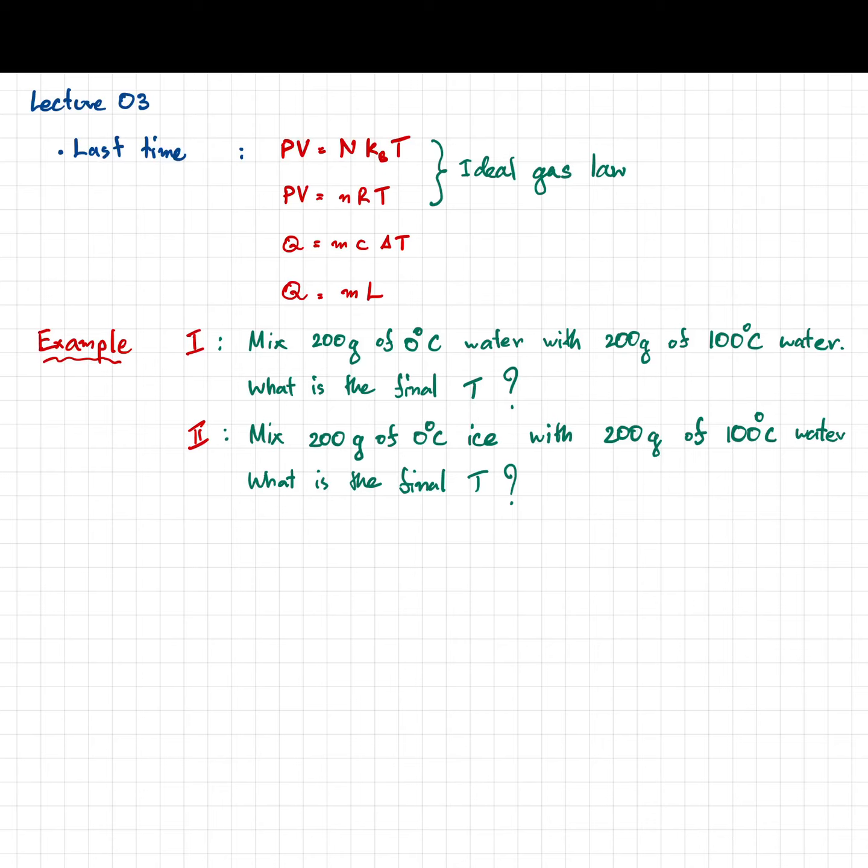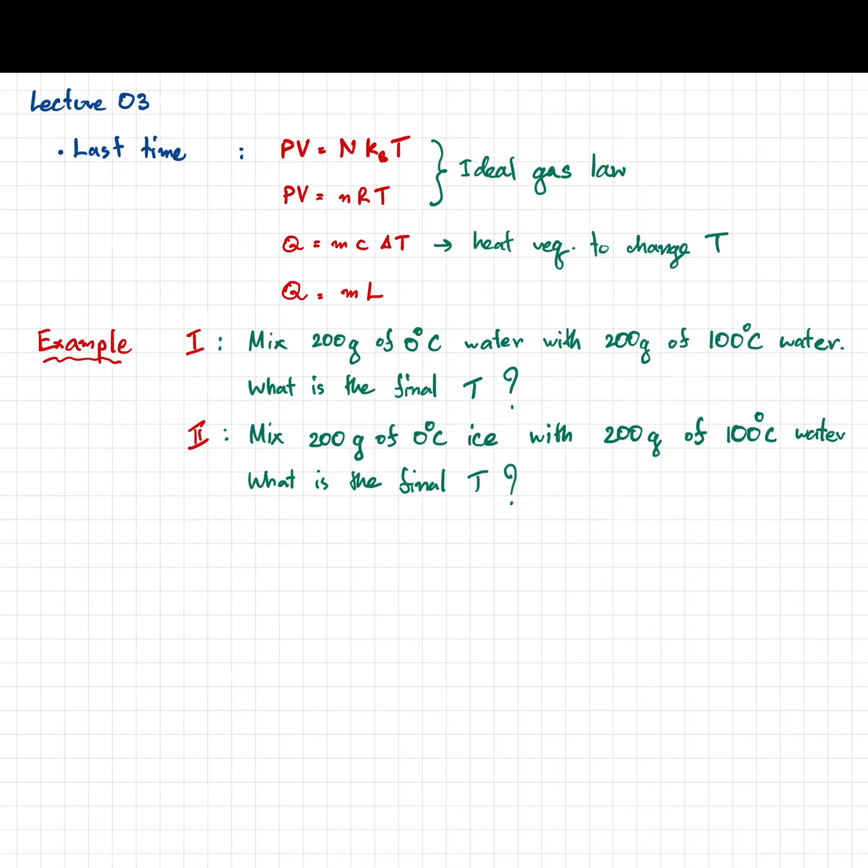And then the other two equations that we talked about are these two. Q equal to mc delta T is the heat required to change temperature for any substance. You know already from your daily experience that if you want to increase the temperature of anything, you need to put in heat.